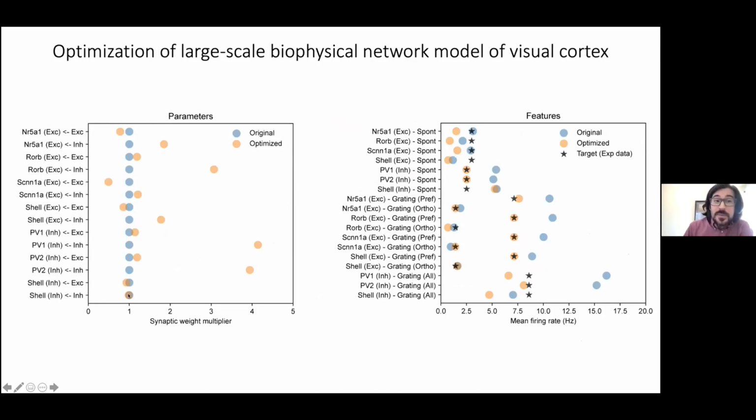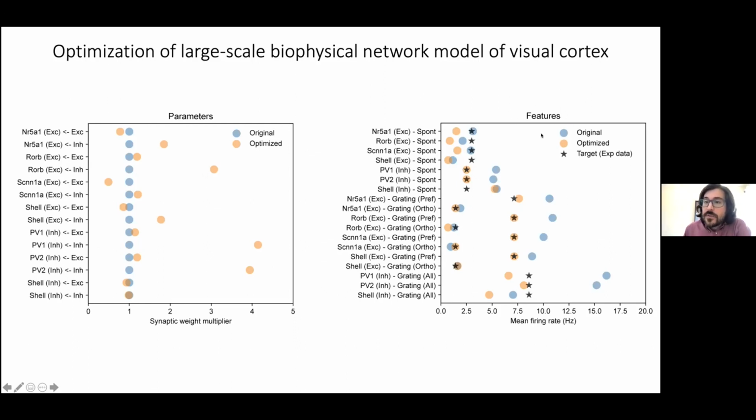That means that the optimization identified a model configuration that was very close to the domain expert answer about this parameter. But in some cases, the optimization required large differences in the synaptic weights. And in fact, many of these that required some divergence were inhibitory synaptic strengths. And this maybe would have been a parameter that is a bit under constrained. It's like, what do we know enough about the functional strength of inhibition onto PV positive inhibitory cells?